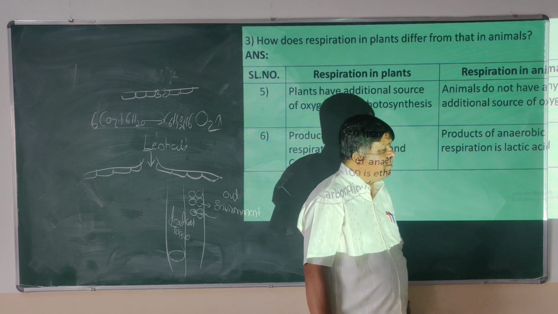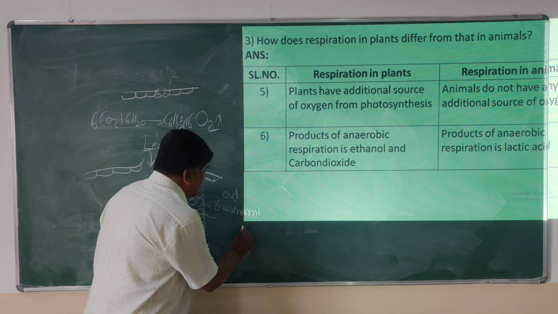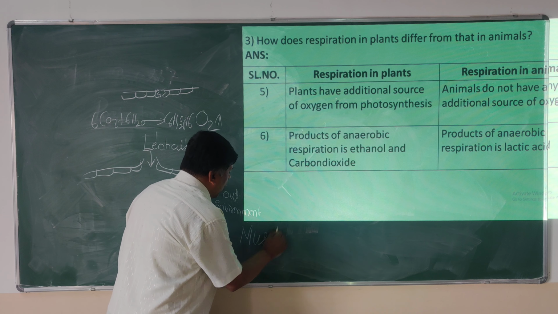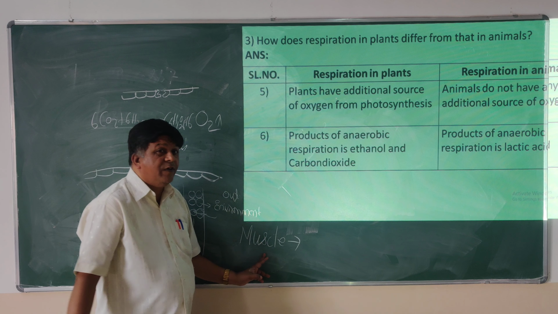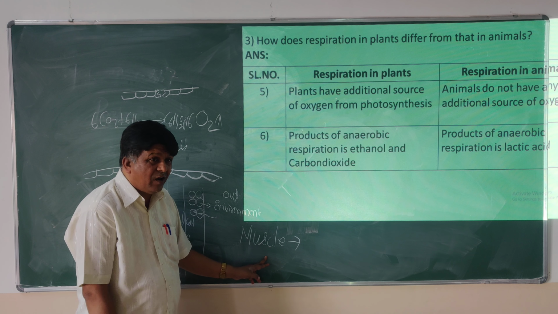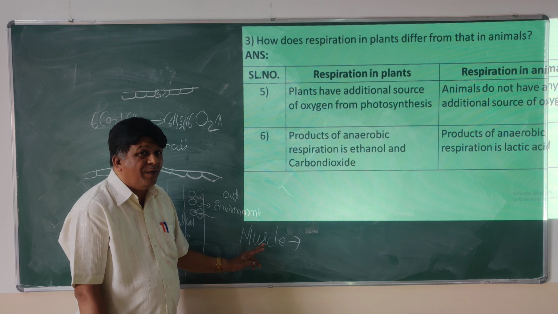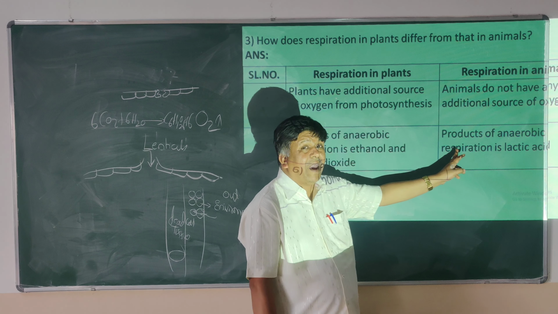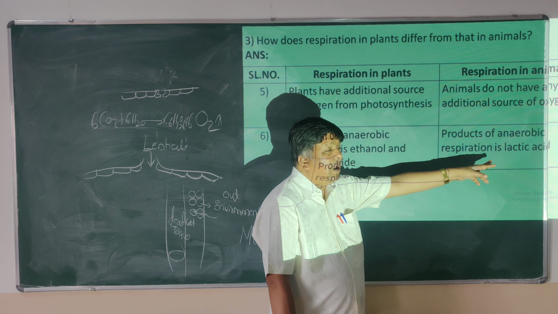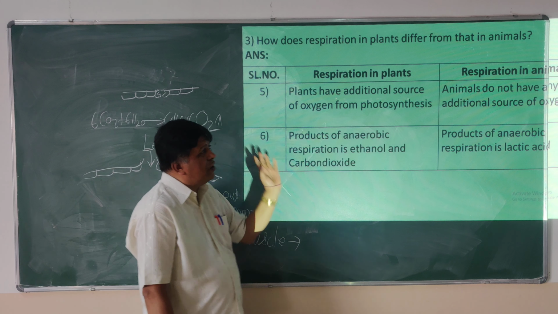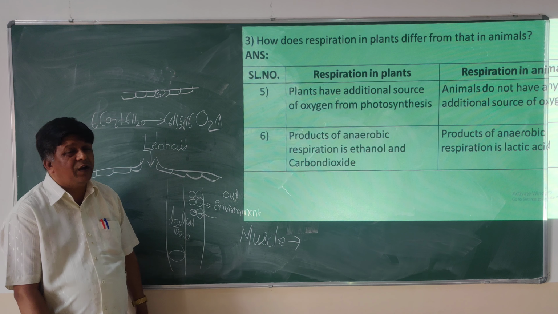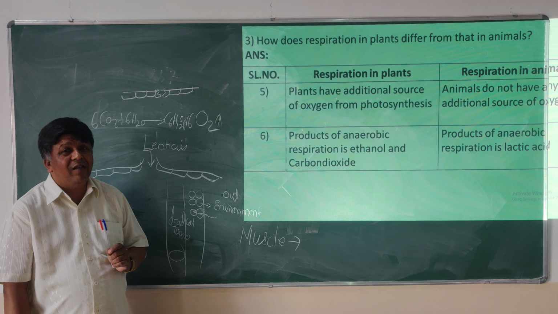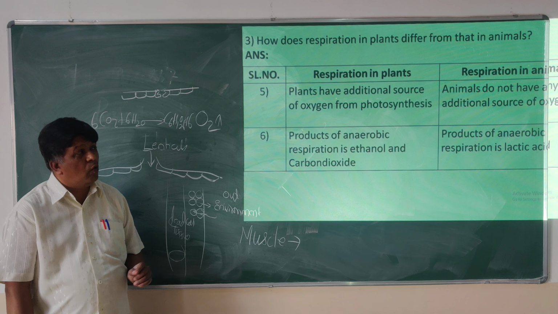The best example is your muscle cells. When you do more physical exercise or work, the supply of oxygen to muscles may reduce. At that time, these muscle cells may carry out anaerobic respiration and produce lactic acid. So these are the differences between respiration in plants and respiration in animals. Hope you understood.